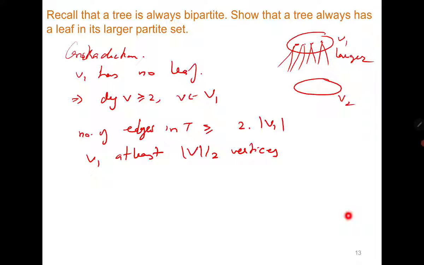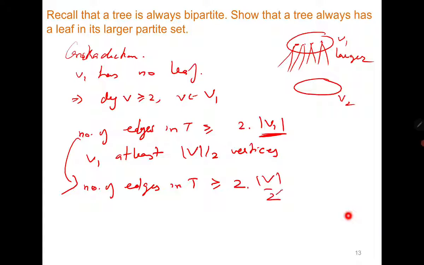So the number of edges in T is at least 2 times the number of vertices in V1, which is at least n by 2.